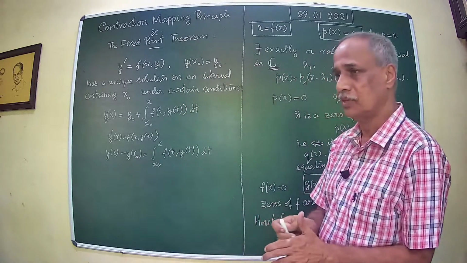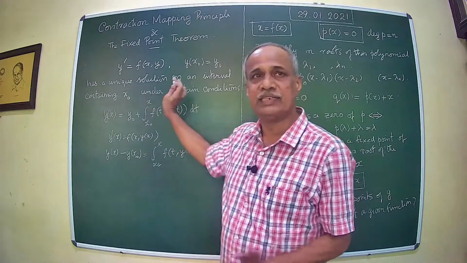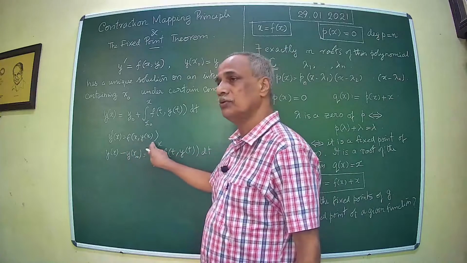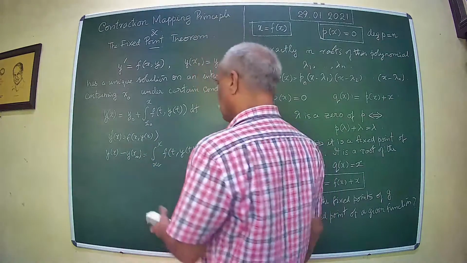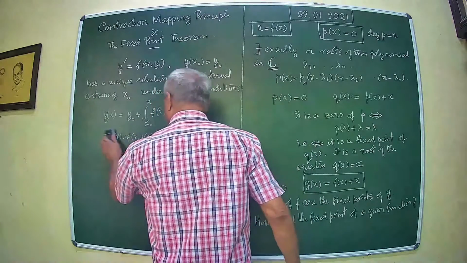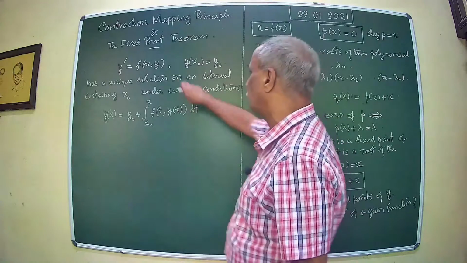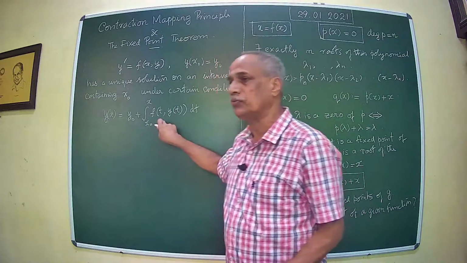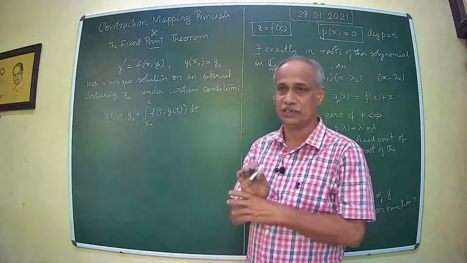Conversely, suppose this equation is given, then by differentiating both sides you get y'(x) equal to f(x, y(x)). Therefore one could show that finding the solution of this initial value problem is equivalent to finding the solution of the associated integral equation.